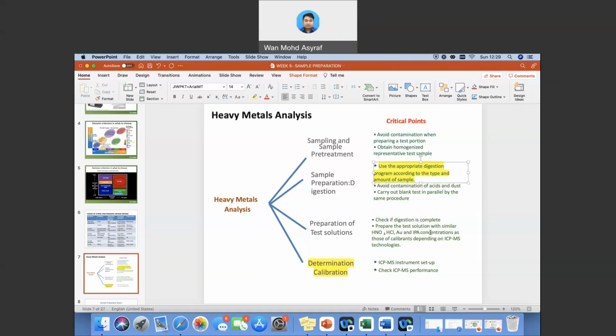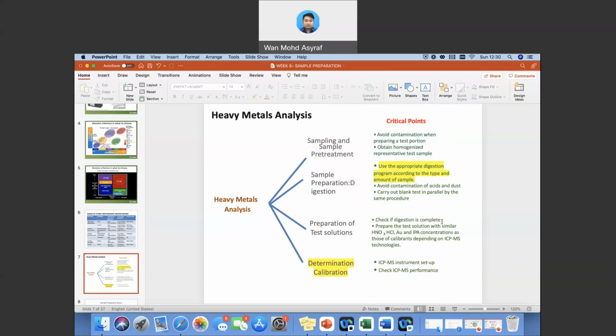All right. So after you have done your sampling, your pre-treatment, and your sample preparation, then you need to do the preparation of the test solution. This is after you have done your sample preparation in terms of digestion. You need to check whether your digestion is complete, whether you have achieved 100% digestion.